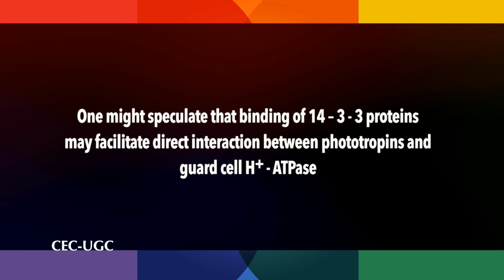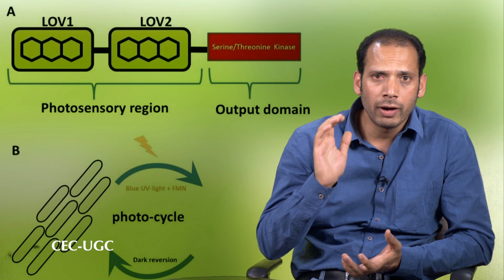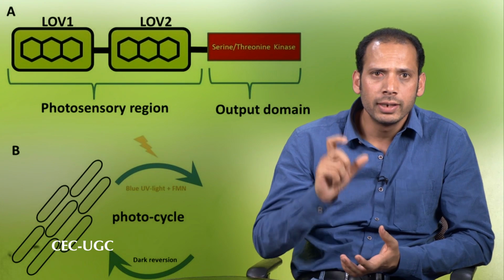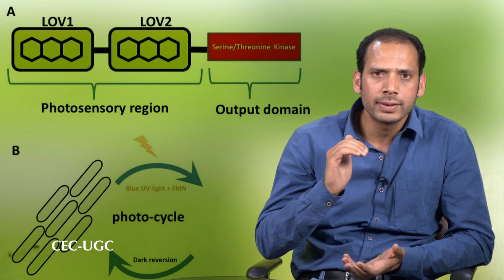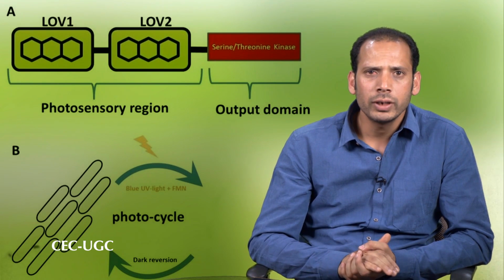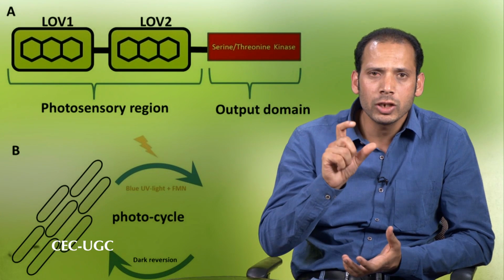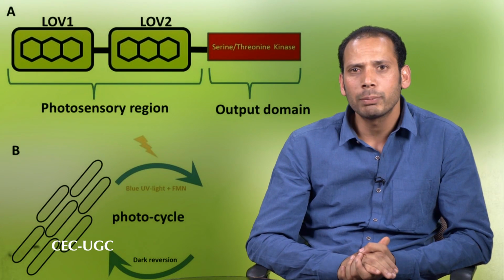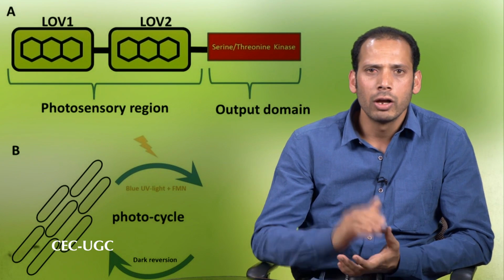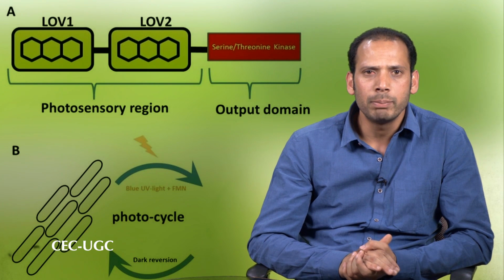One might speculate that the binding of 14-3-3 protein may facilitate direct interaction between phototropins and the guard cell proton ATPase pump. Yet, the fungal toxin fusicoccin has been shown to induce phosphorylation of proton ATPase and subsequent 14-3-3 binding protein in the absence of Phot1 and Phot2, implying that some other protein kinase is responsible for phosphorylation of the proton ATPase.